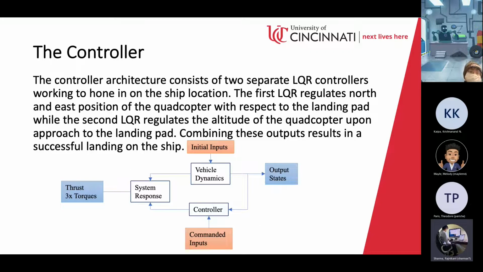And now we move on to the actual controller itself. Our design is basically two different LQR controllers that we switch back and forth based on the state of the quadrotor and its relation to its target destination, in this case the ship it's trying to land on. When it's further away, one LQR controller holds the altitude and moves over in the north-east direction so that it can hover over its landing target.